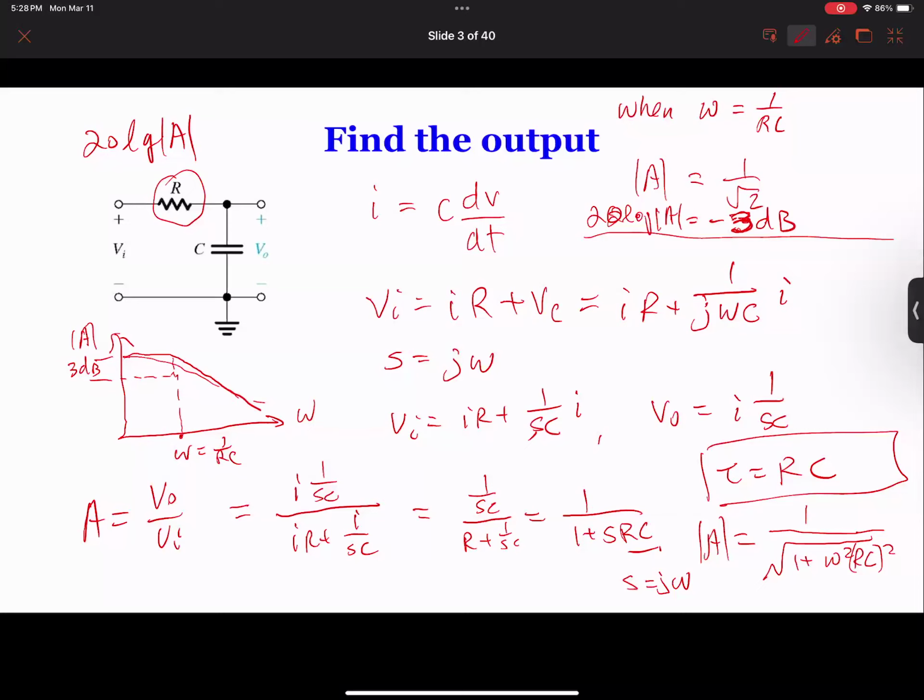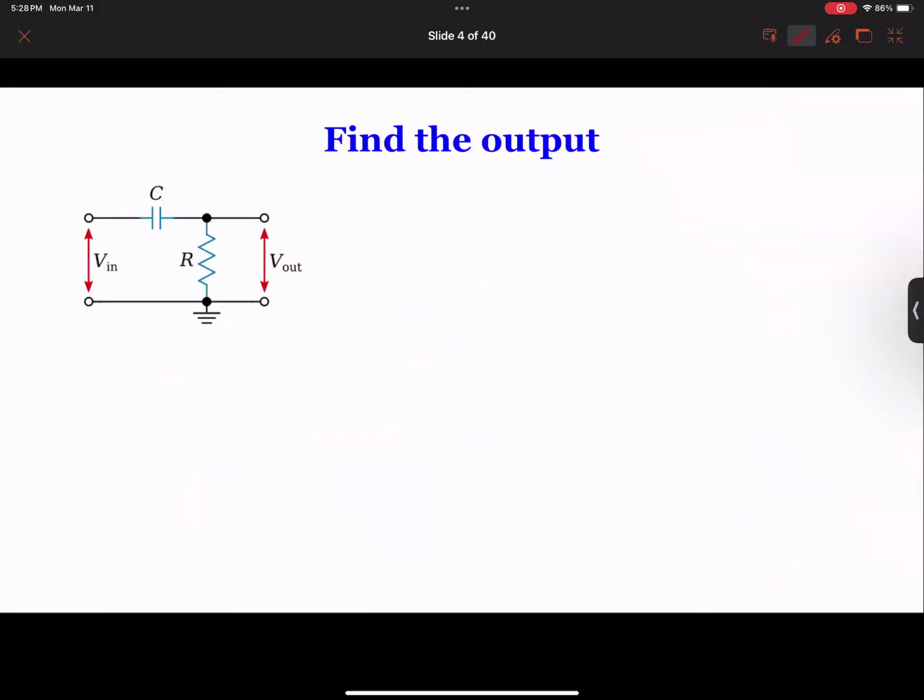In the future, you will see a lot of curves like this. I'm going to plot it here. And this drop, there's 3 dB here. This is your omega, the 3 dB frequency.